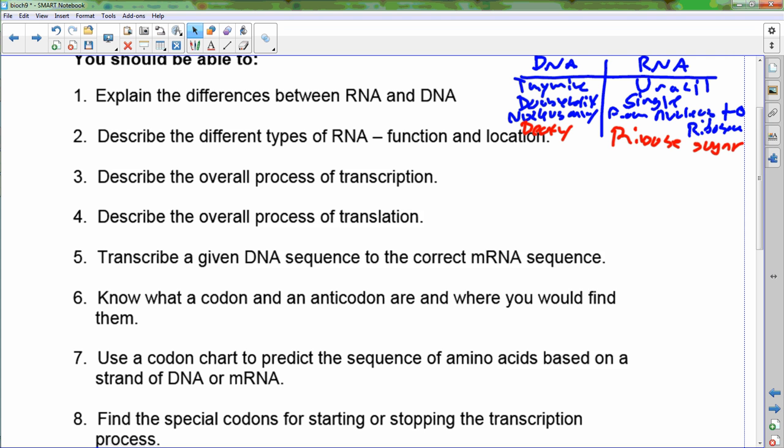But we also have different types of RNA. You should know what each of those are, and what their function is. Okay, so the messenger RNA, remember, that's the one that actually takes the code to the ribosome.